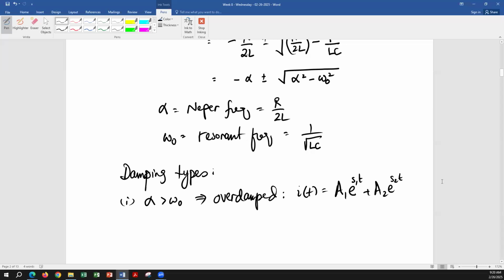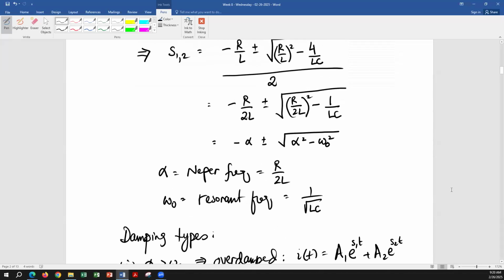All three damping dynamics, exactly. Because any time you have both L and C in the circuit, you will always have damping. And damping types are going to be overdamped, underdamped, and critically damped. Underdamped circuits are the most employed circuits in the real world, actually.